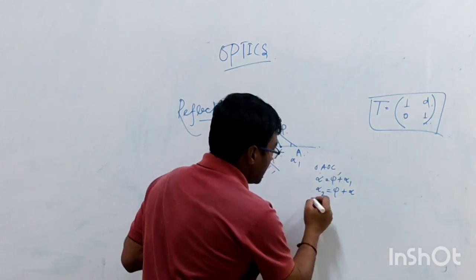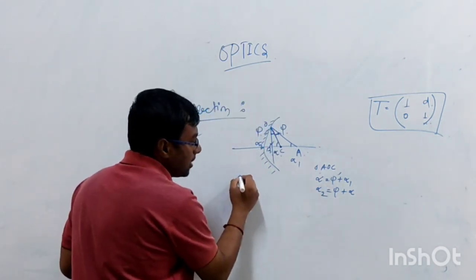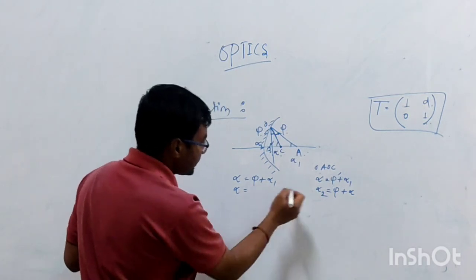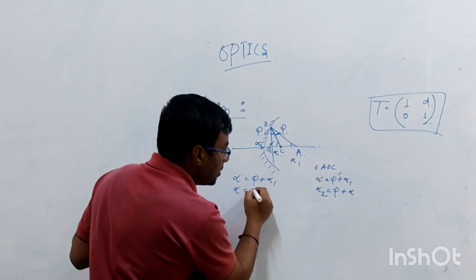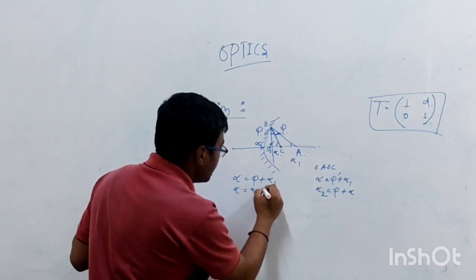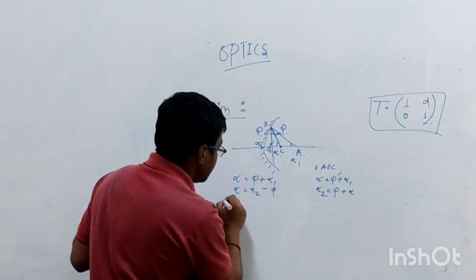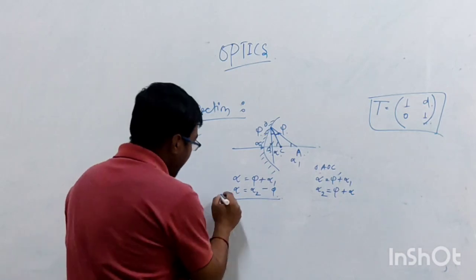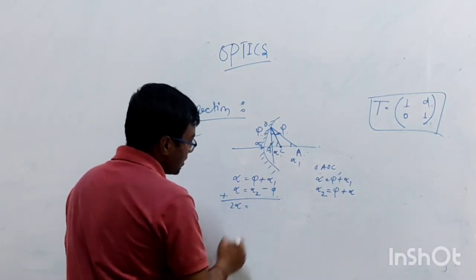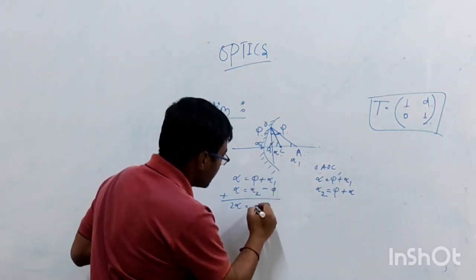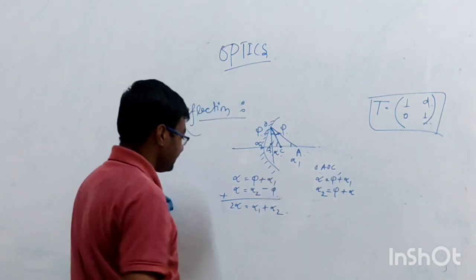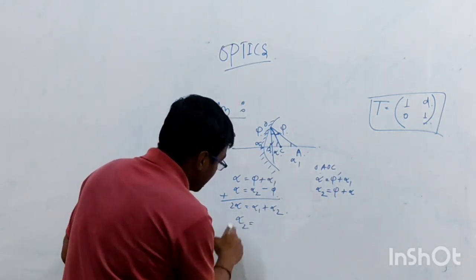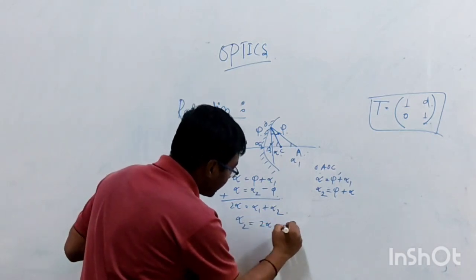So here we get two equations: alpha equal to phi plus alpha 1, and alpha equal to alpha 2 minus phi. If we add these two equations, alpha will be equal to alpha 1 plus alpha 2. So we can show that alpha 2 equals 2 alpha minus alpha 1.